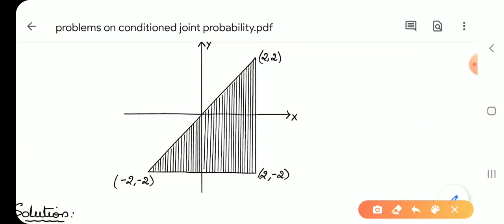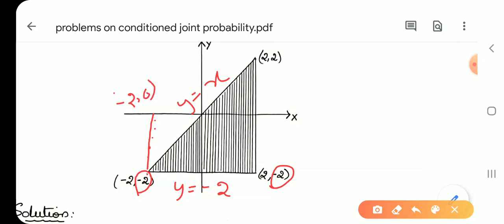As told earlier, this line is y is equal to x, and if you see this line, the y coordinate is minus 2, y is equal to minus 2. Extreme points of x, let us take. Here it is minus 2 comma 0. Here, see the x coordinate, it is 2.